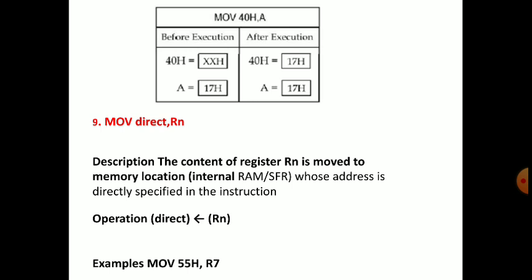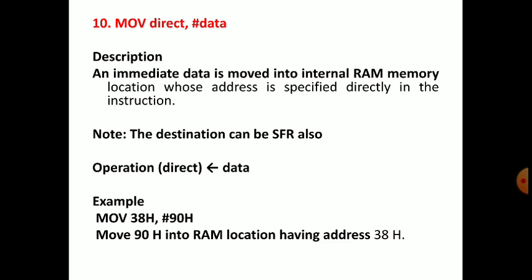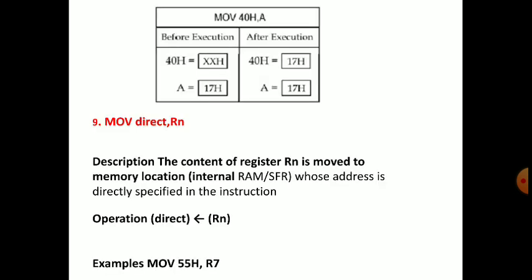Example, if you take, that is move space 55h, that is the address, and R7 is the register. Then you can draw a table like this in the slide. If you see the above, we have a table, right?